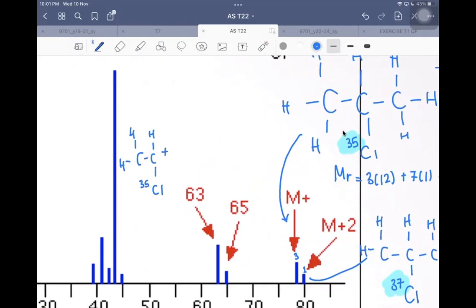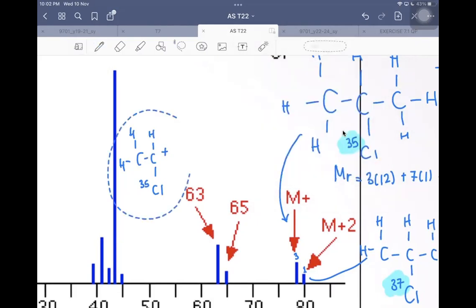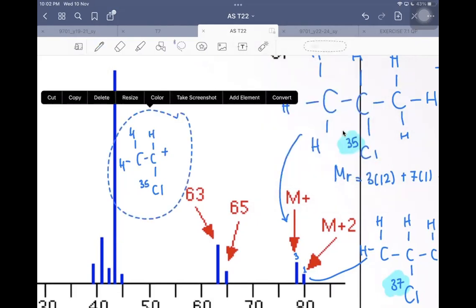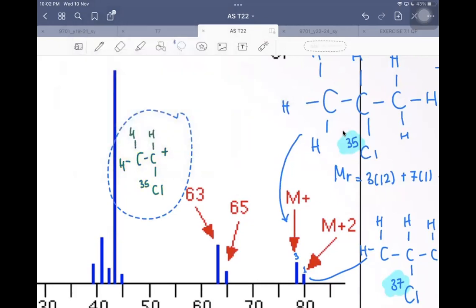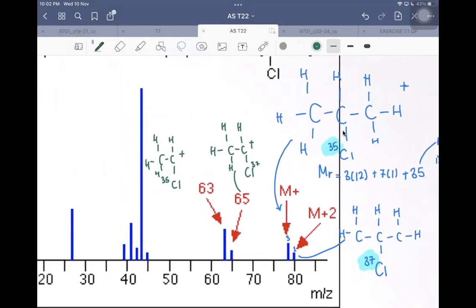Whereas the peak at 65 is produced by the same fragment, but the only difference is the chlorine is now chlorine 37. Oh, I've missed out a hydrogen there. C2H4Cl37, positive charge. So the explanation for that is given in your notes.